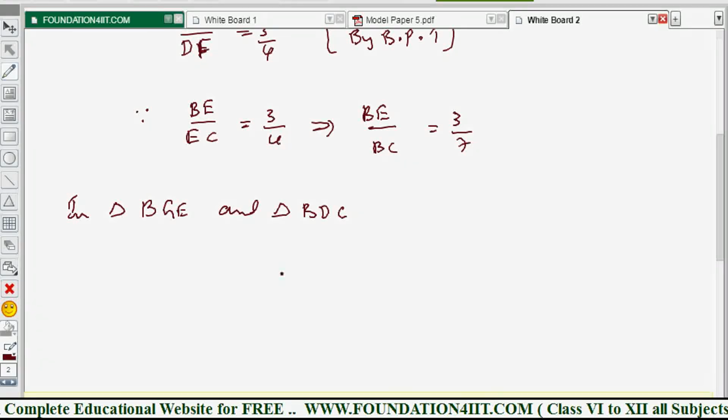These two triangles we will first prove similar. GE is parallel to DC, therefore angle BGE and angle BDC are the same because of corresponding angles.